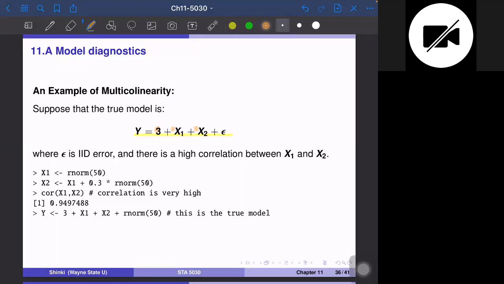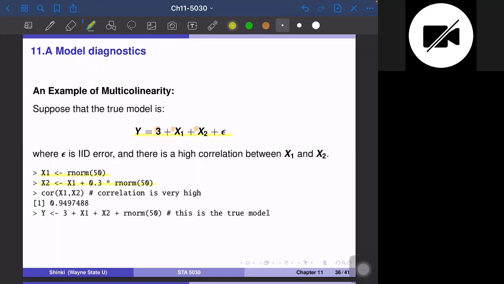At first, for the simulation setting, we generate x1. It doesn't have to be random, but we want to use 50 different numbers, so for that purpose we generate random numbers. And we define x2 as x1 plus 0.3 times a random number.